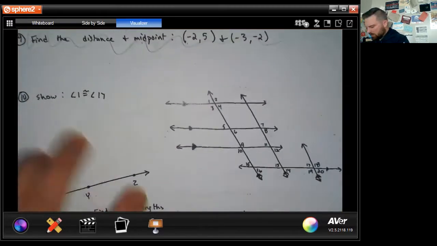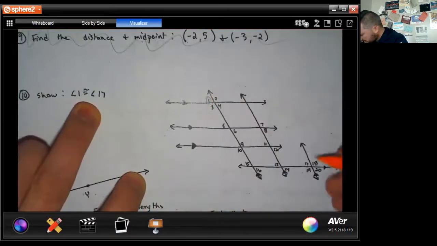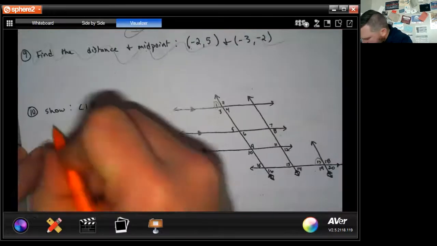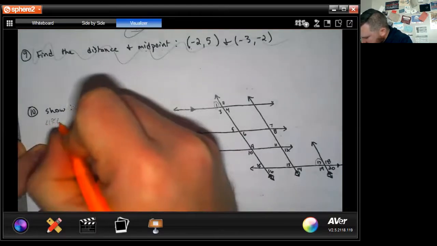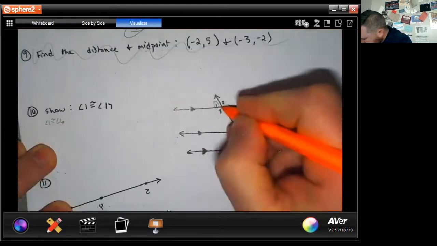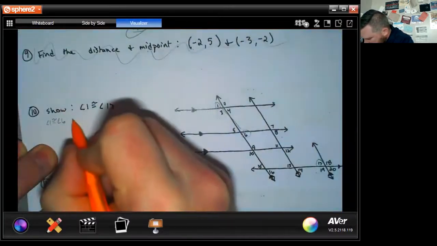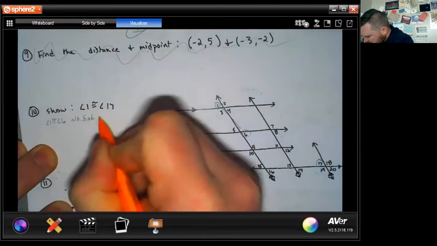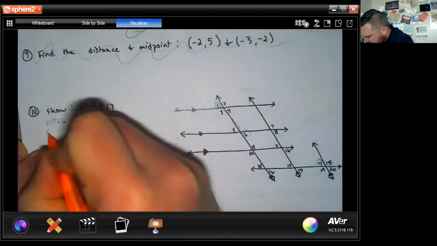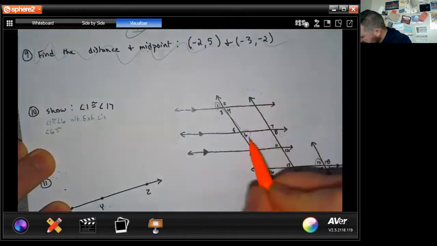Show that 1 is congruent to 7. So here's angle 1, and 7 is right here. Angle 1 is congruent to, let's say, angle 6 right here. Those are alternate exterior angles. And angle 6 is congruent to angle 8.